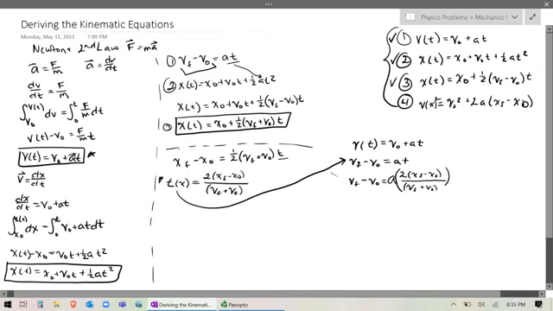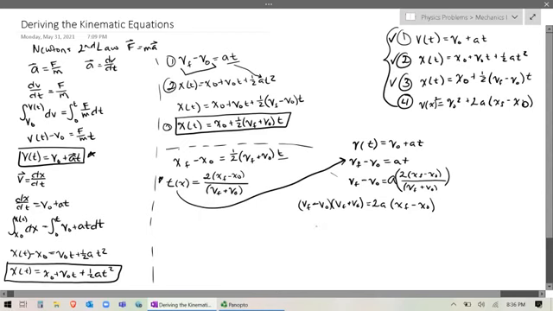We're going to need to get this velocity over to the other side, which is going to leave us with (v final minus v initial) times (v final plus v initial) is equal to 2a (x final minus x initial).